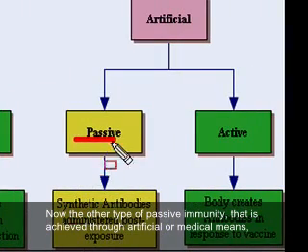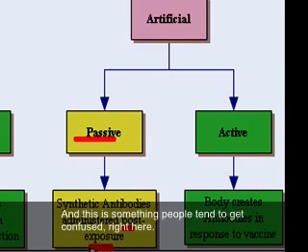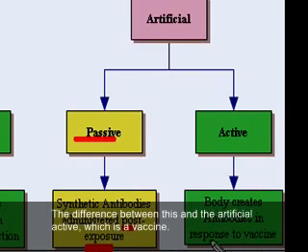Now, the other type of passive immunity that's achieved through artificial or medical means is if synthetic antibodies are administered post-exposure. And this is something people tend to get confused, the difference between this and the artificial active, which is the vaccine.